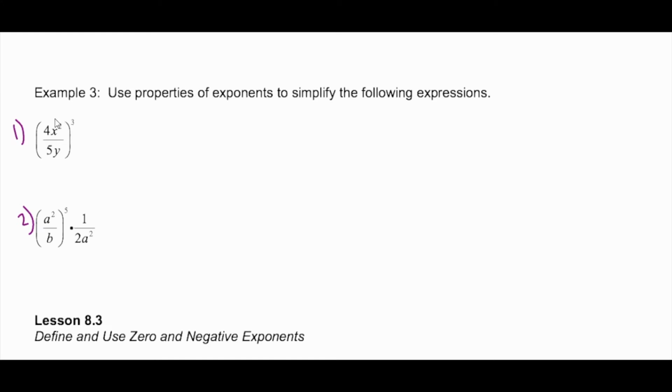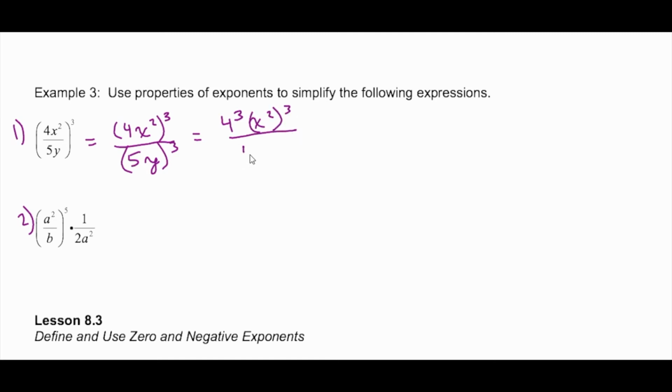If I'm raising this whole quotient to a power, that means I have 4x squared quantity, that whole quantity to the 3rd, over 5y to the 3rd. So now I have this whole thing to the 3rd means I have 4 to the 3rd times x squared to the third.